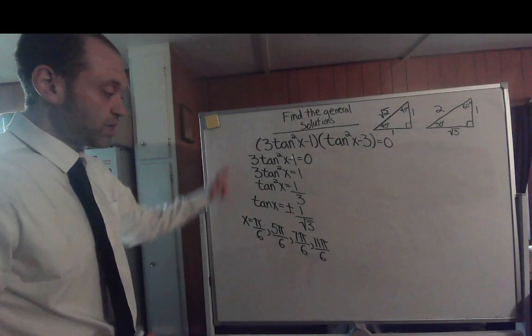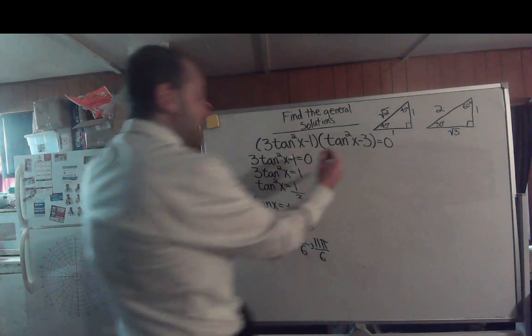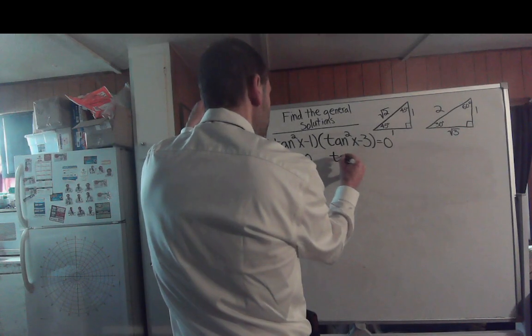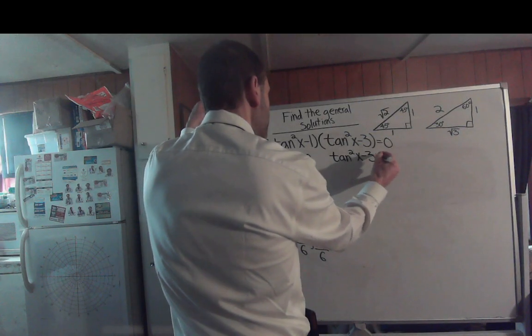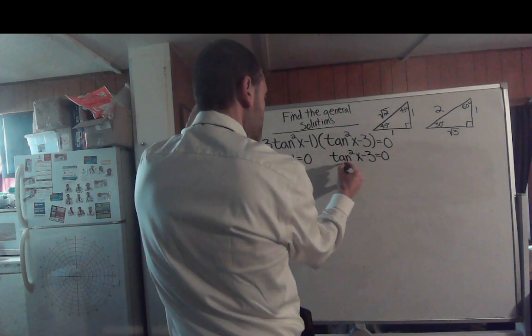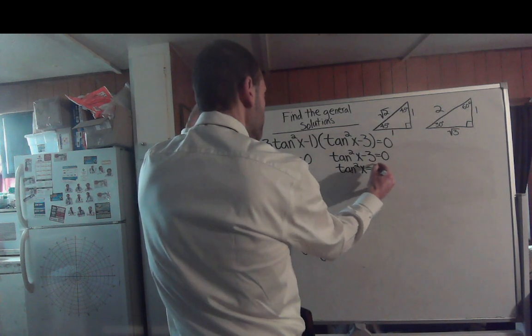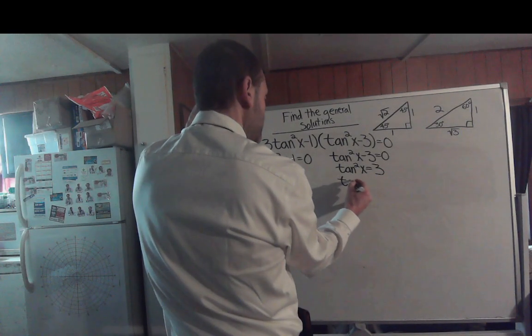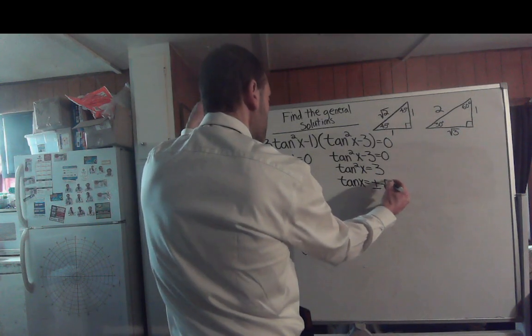But before we try to put these in, let's solve for the other factor. So let's take that tangent squared of x minus 3, set that equal to 0. You would get the tangent squared of x equals 3. So the tangent of x would equal both plus and minus the square root of 3.